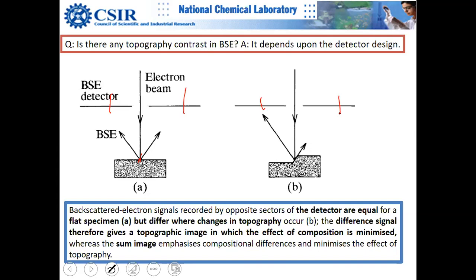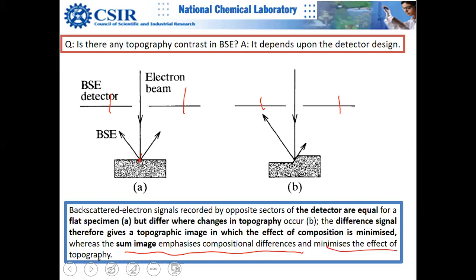So that basically cross checks the topography information, and now you know that it's a very smart design to avoid topography information. Okay, so what it mentions here is that some images emphasize the compositional differences, right, and minimize the topography information.